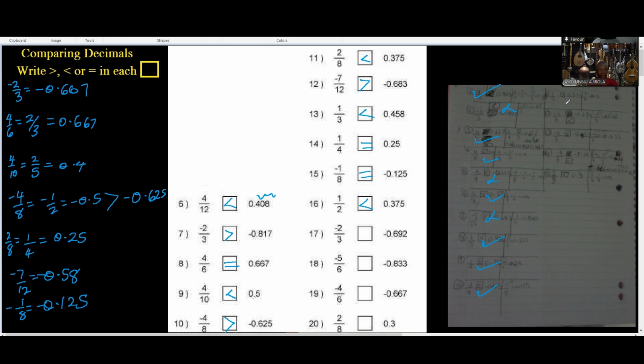You put greater than. Why? Let me ask you to explain why. In this number 16, why? Capital Y. Why? What's 0.5? 0.5.